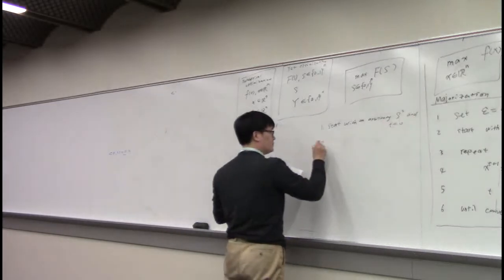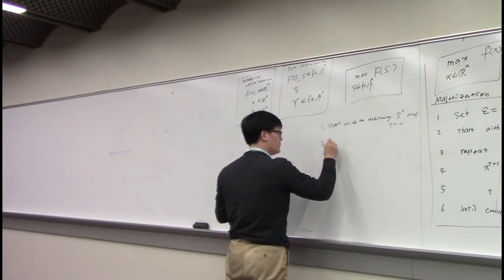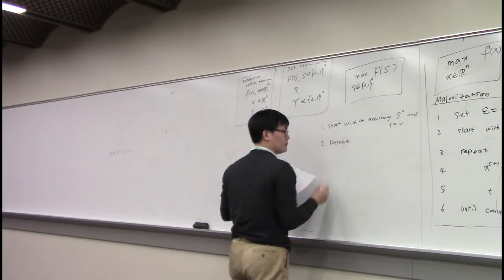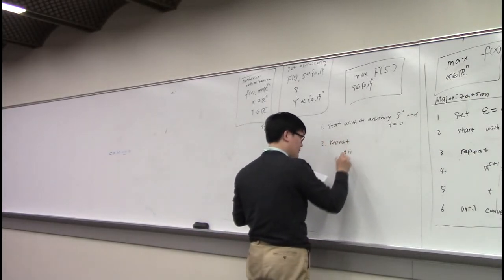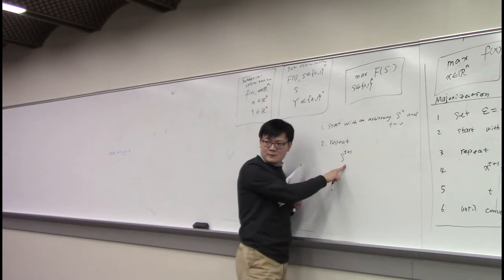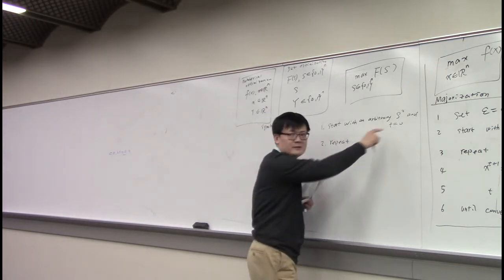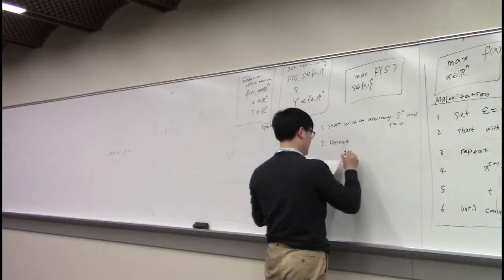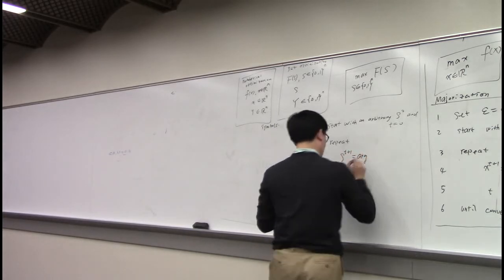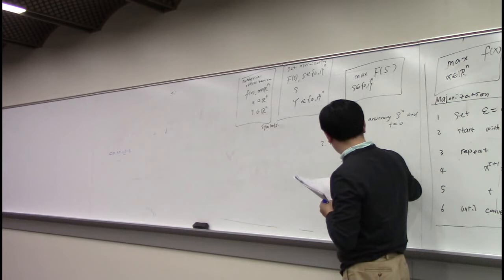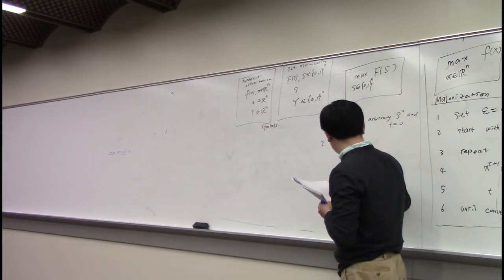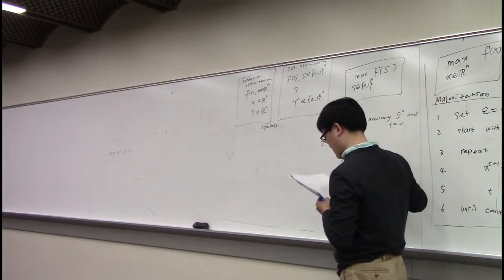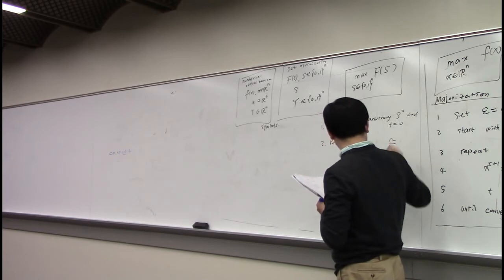The second step, repeat: S_{t+1}, which is the solution that we obtain at iteration t+1, is argmax over S, a binary vector, of the lower bound function.